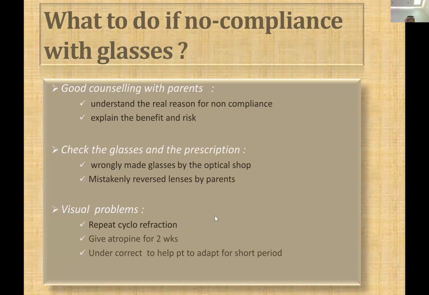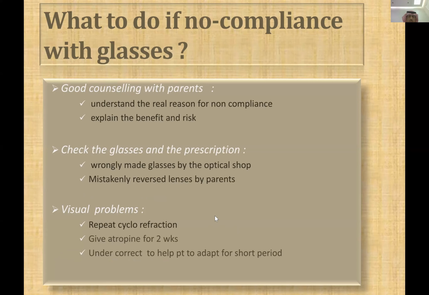What to do? First of all, for me, and I think also for everyone, you should make a good counseling with parents, because they are the ones who are taking care of the child. They are the ones who live with the child at home, and they must have some idea why their child doesn't like to wear the glasses.